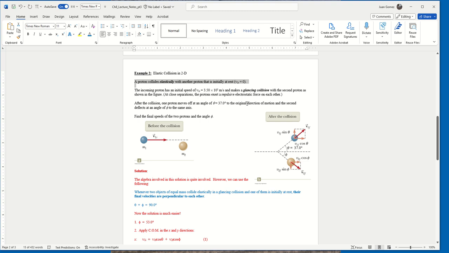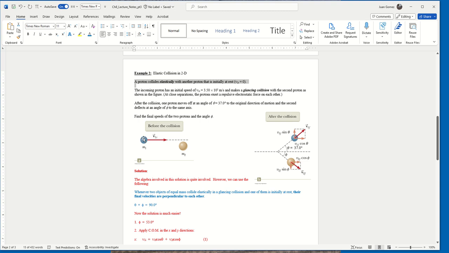After the collision, one proton moves at an angle of theta equal to 37 degrees above the x-axis, and the second proton gets deflected at an angle of phi below the x-axis. The first proton moves with a speed of v1 final, and the second proton moves with a speed of v2 final, as indicated in the figure.